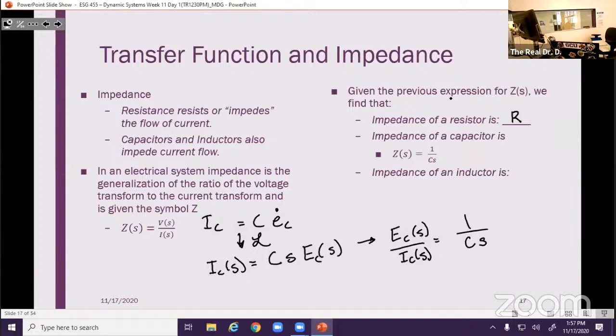You guys do the next one. Find out the impedance for an inductor based off of the element's equation.